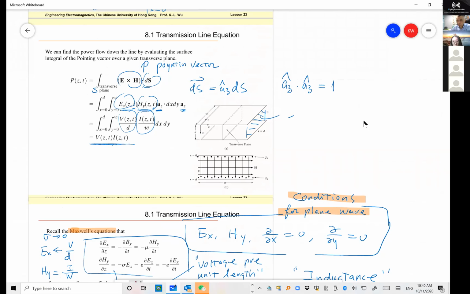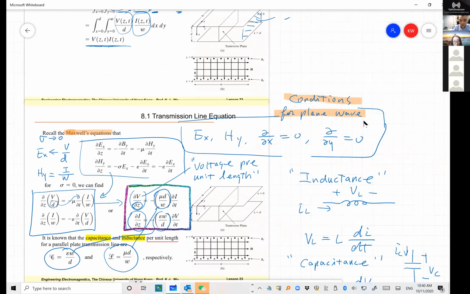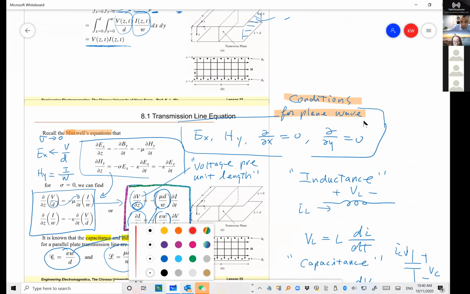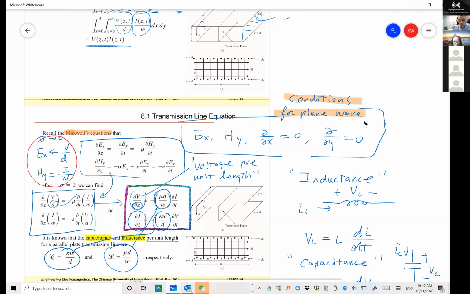Okay, so you see, because we have this relation, you can easily find V divided by I. What that means is V divided by I is Ex times D divided by Hy times W, right?